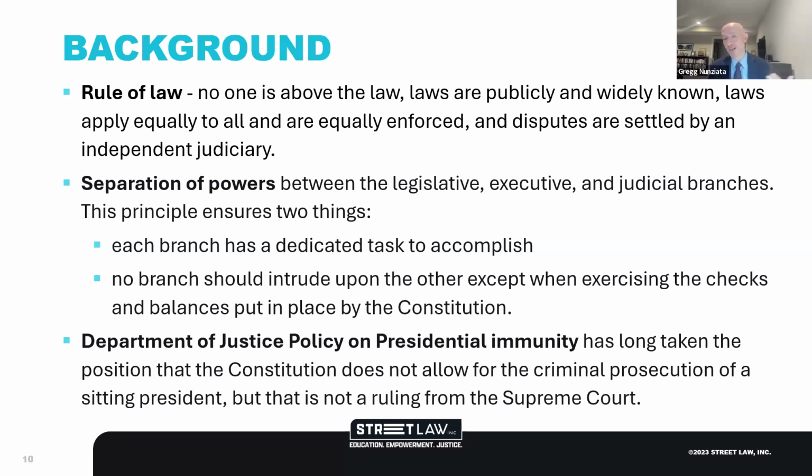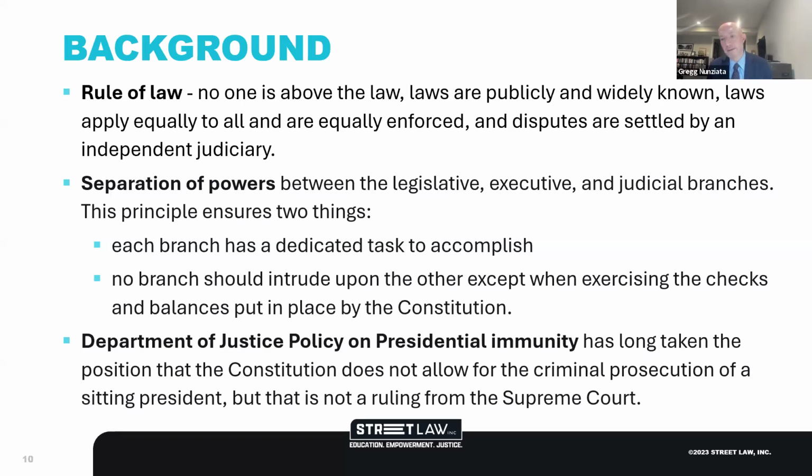So if there were prosecution of a president, it raises the question of the rule of law. What does he or she have to answer for under the law? And two, whether the judicial system and laws written by Congress being applied to that person would infringe on their sphere of responsibilities and violate separation of powers.